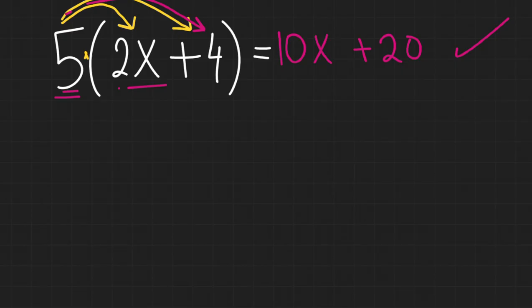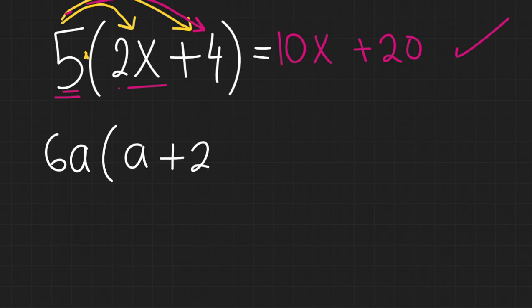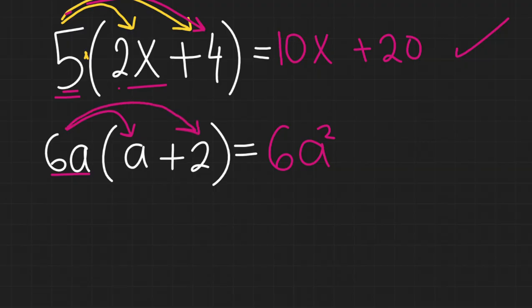So if we have, let's say, 6a multiplied by a plus 2, let's say. Again, 6a multiplied by a. Remember, number by number, variable by variable. So this will be 6, and then a times a is a squared. And then we have 6a multiplied by 2.